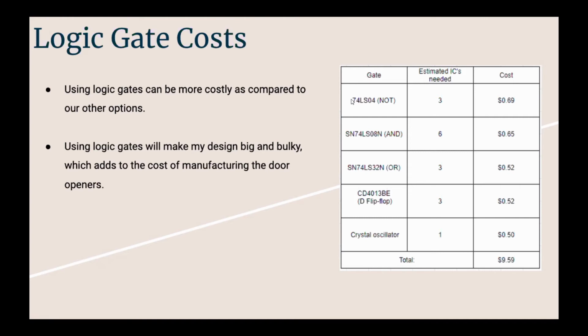My SN74LS08N AND gate, I need about 6 of them since they come with I think 4 AND gates, which is $1.65. My SN74LS32N comes out to about 3 ICs, $0.52. And then I have the D flip flop and the oscillators that I talked about earlier, which came out to $9.59.